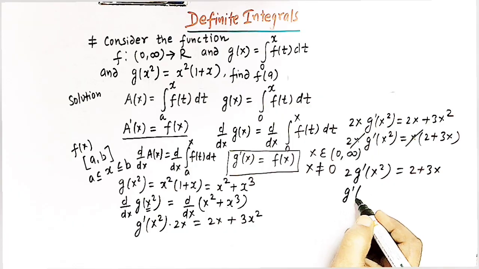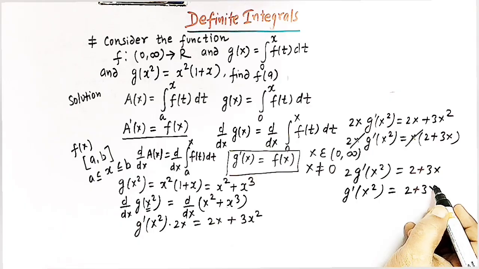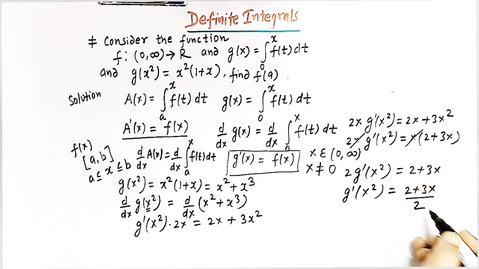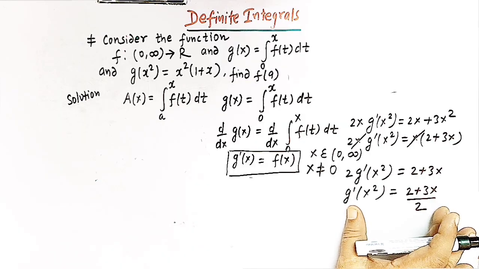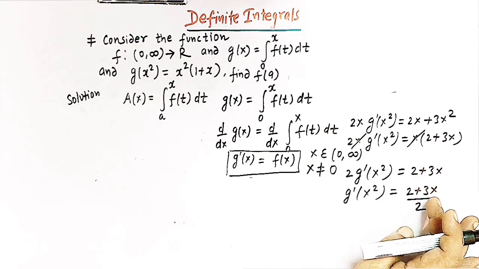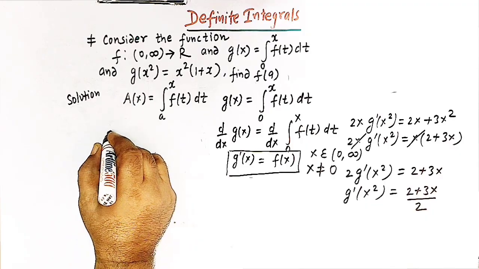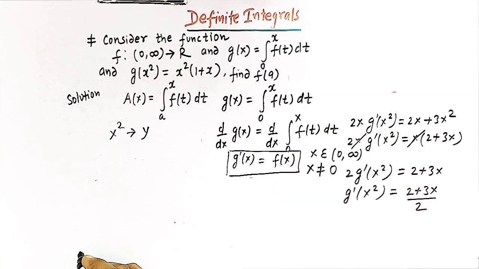So g prime of x square is equal to (2 plus 3x) divided by 2. So now this is a functional equation, that is g prime of x square is equal to (2 plus 3x) over 2. So let us replace x square by some other variable, say y.